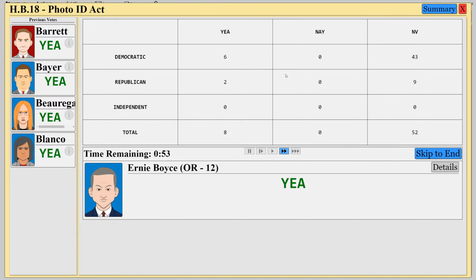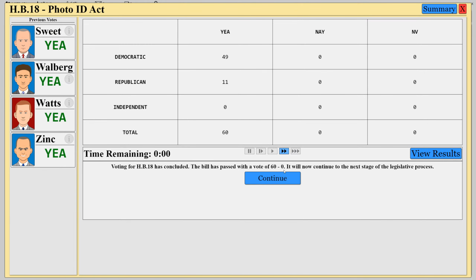Yeah, we're gonna see bipartisan support for the voter ID law.